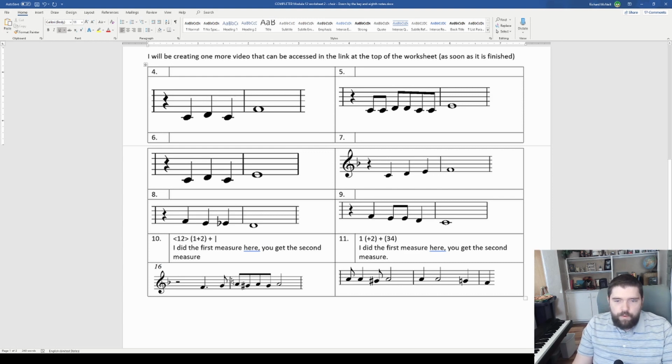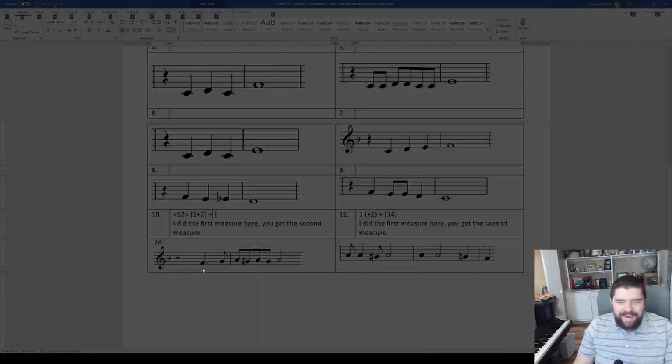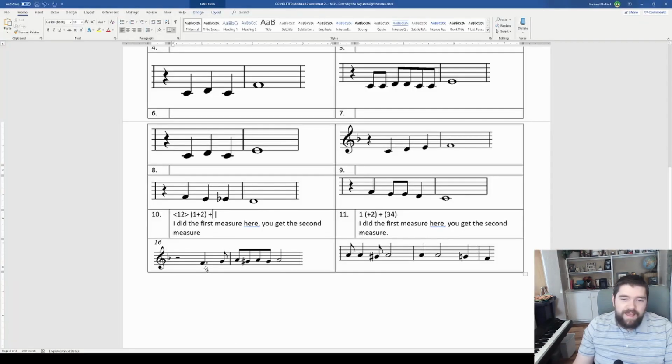There is, right here at the bottom, for number 10, I have given you the counting for the first measure here. That's because this one is a bit different. We have 2 beats of rest. This is a dotted quarter note, and that gets 1.5 beats. So it's 1, and then you have an and on the and of beat 4.